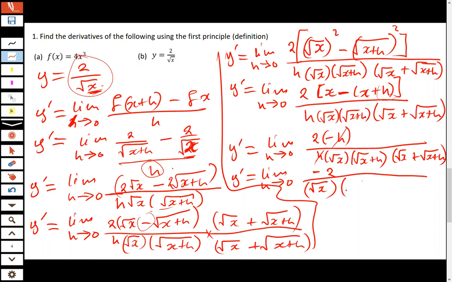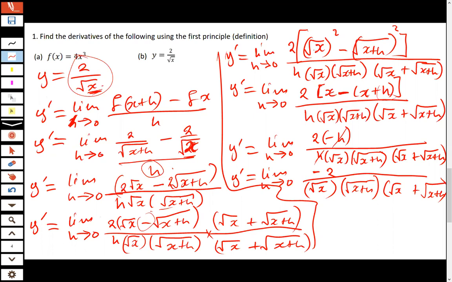Then we also remain with the root of x plus h. Then we also have the root of x plus the root of x plus h.